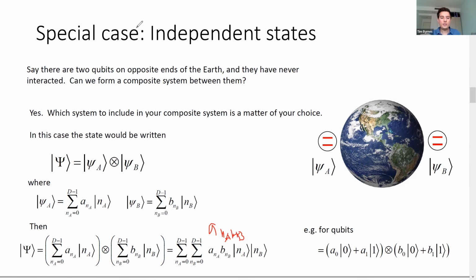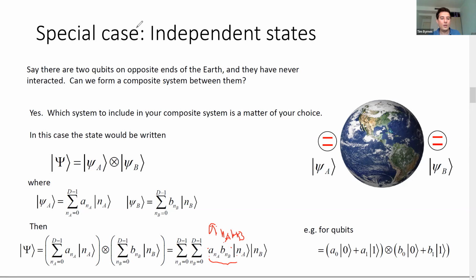When you bring two systems together like this, the structure is not as general as what I wrote in the previous slide. If you have this A, NA, and B, this is a general set of 9 complex numbers.